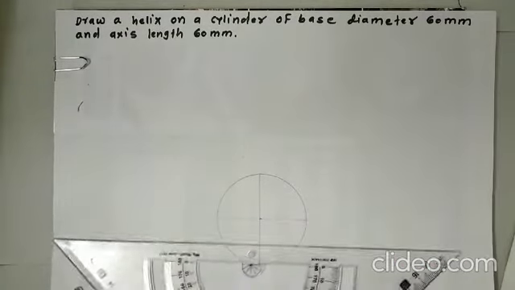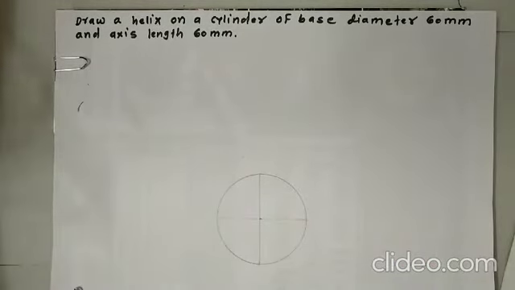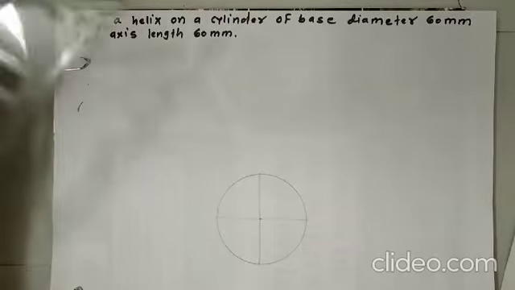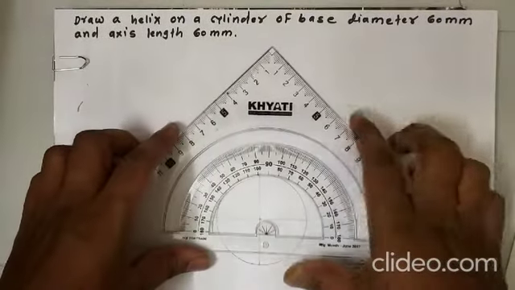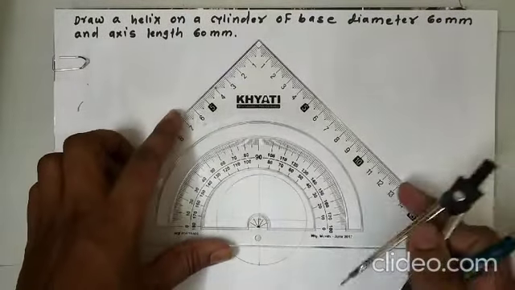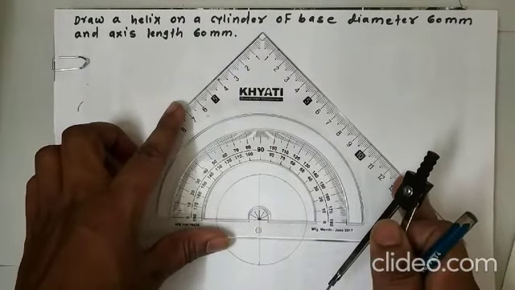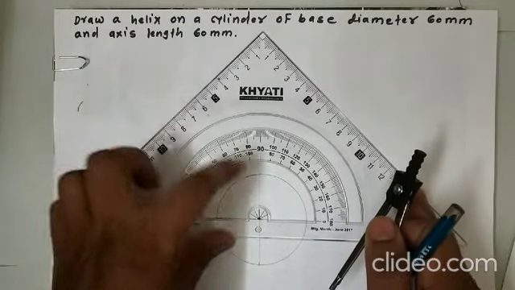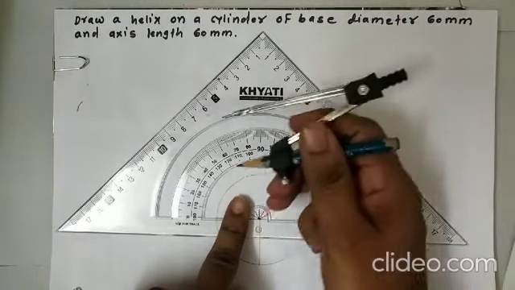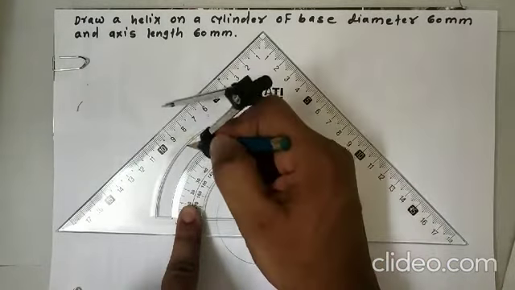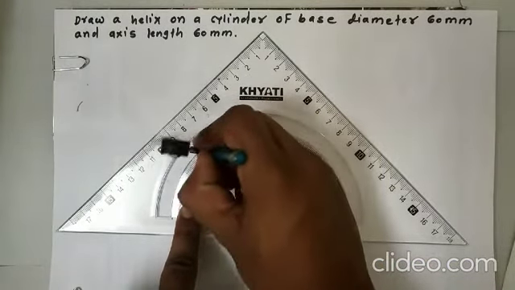Now we need to divide this circle into 8 equal parts. You know the procedure; I have explained it many times. So 360 divided by 8, the final angle we get is 45 degrees. So mark 45 degrees from both sides.